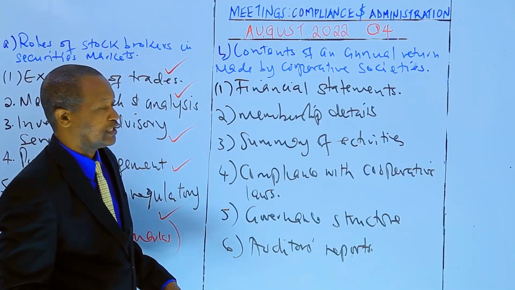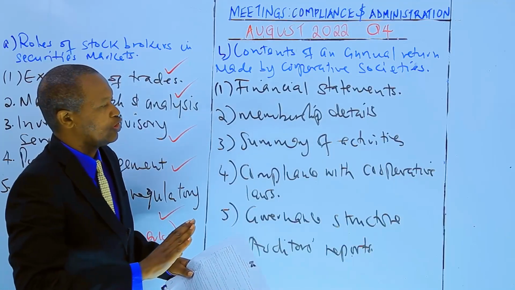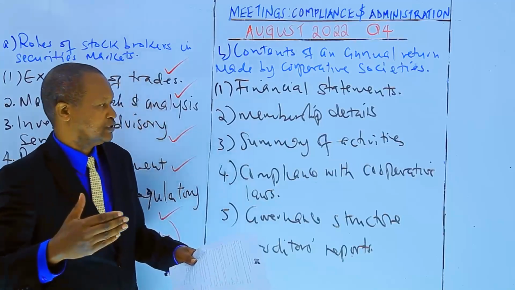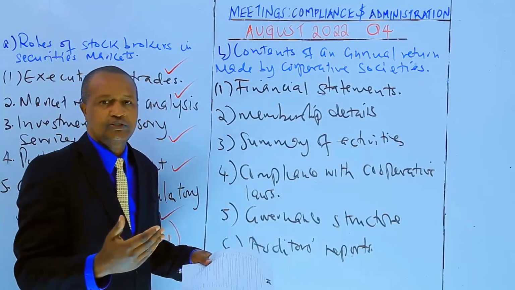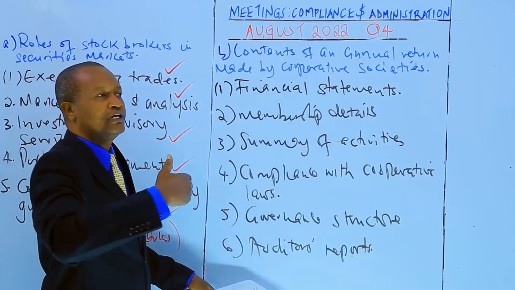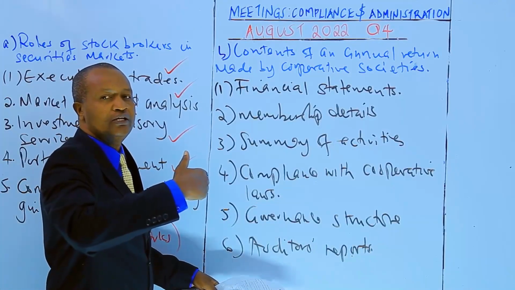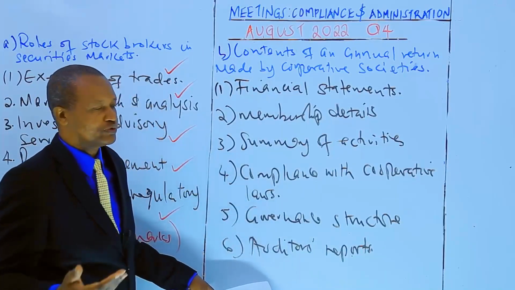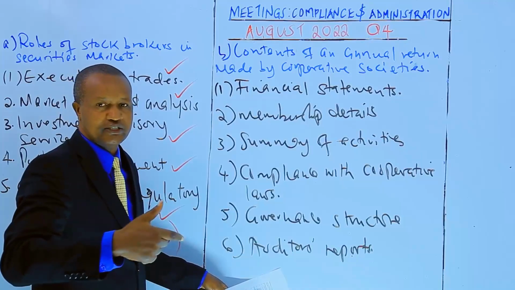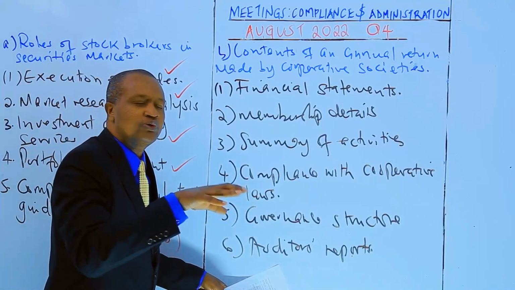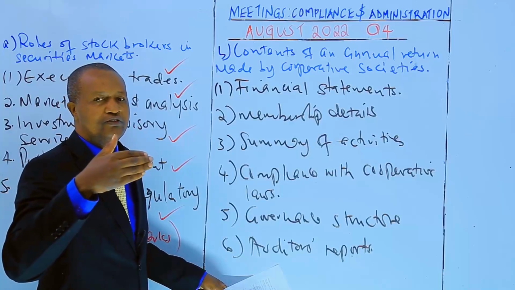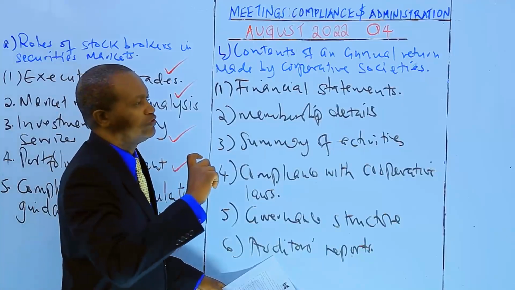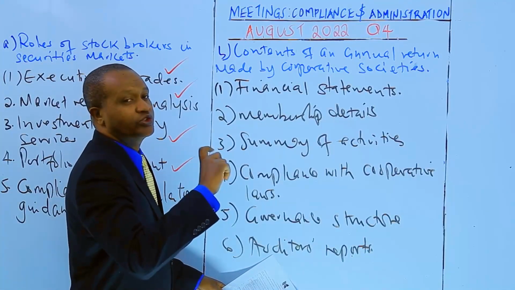The annual return may also have details on the society's compliance with cooperative rules. The return confirms the cooperative society's compliance with cooperative rules and regulations, and it demonstrates adherence to legal requirements, including filing of reports, maintenance of records, and also fulfillment of statutory obligations.